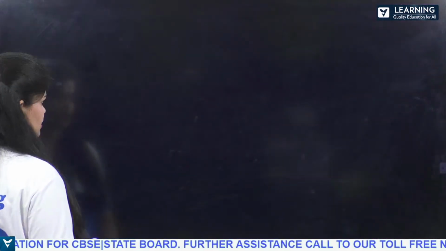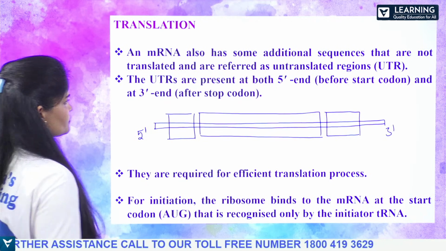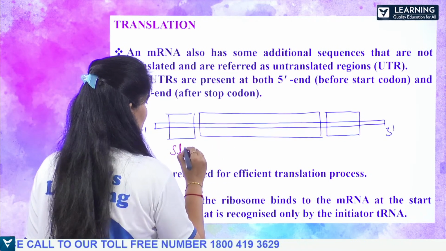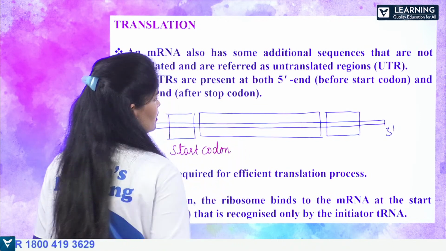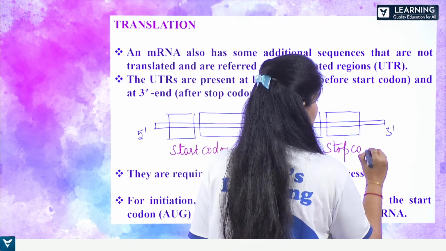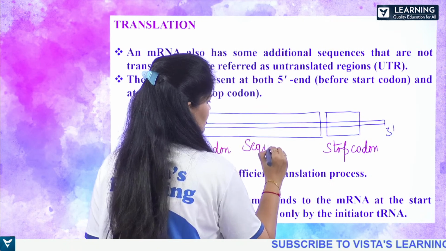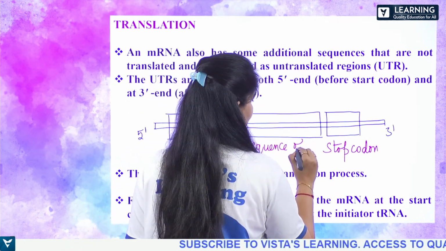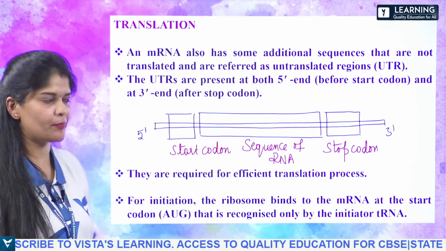So here we can see the start codon and stop codon. Here is a sequence of RNA which codes for the polypeptide.